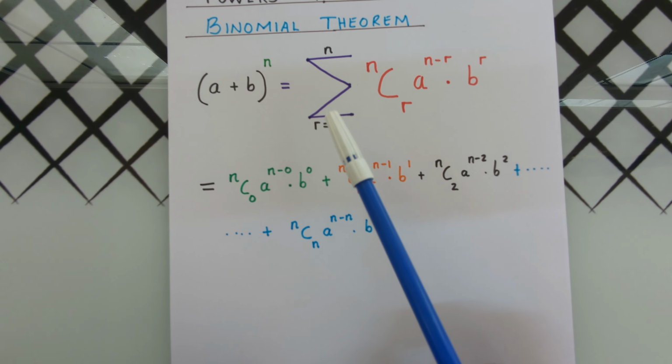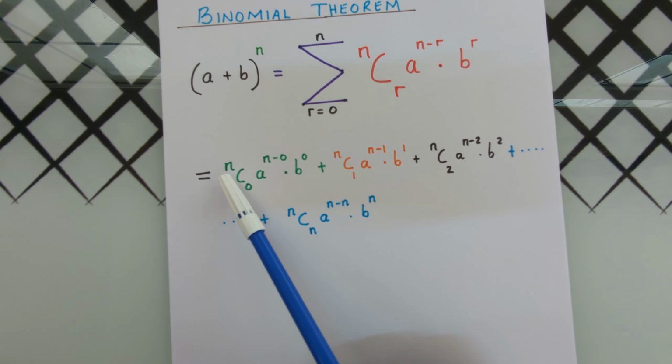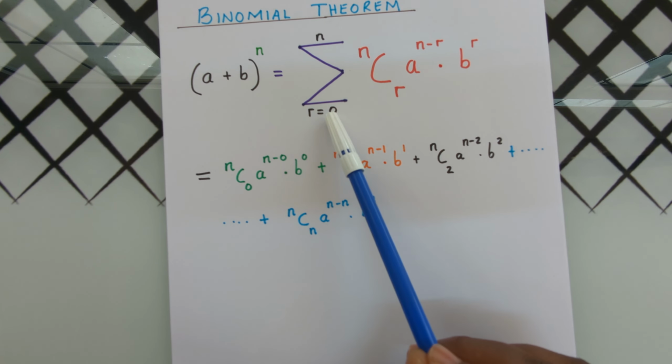So expanding this formula gives us n choose 0 because r starts from 0.